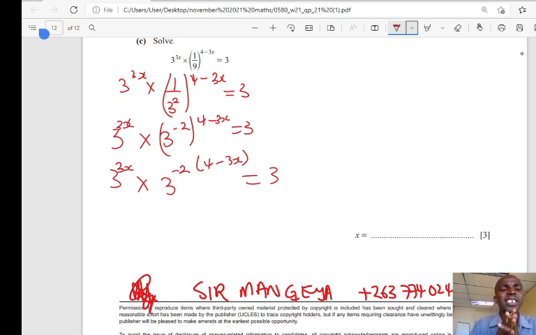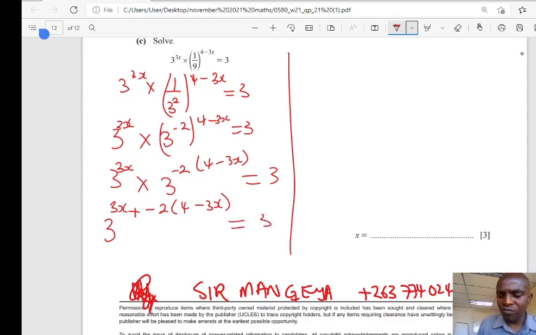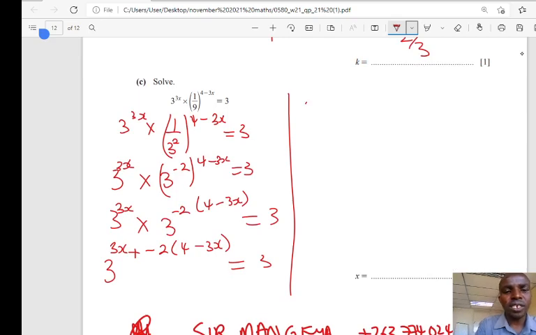Maintain the base and add the powers. It will be 3 to the power 3x plus, then this one is minus 2, then put inside the brackets there. Just take it as it is, then is equal to 3. Then after that, simplifying it, you get 3 to the power 3x plus negative 2 times 4 minus 3x is equal to 3.